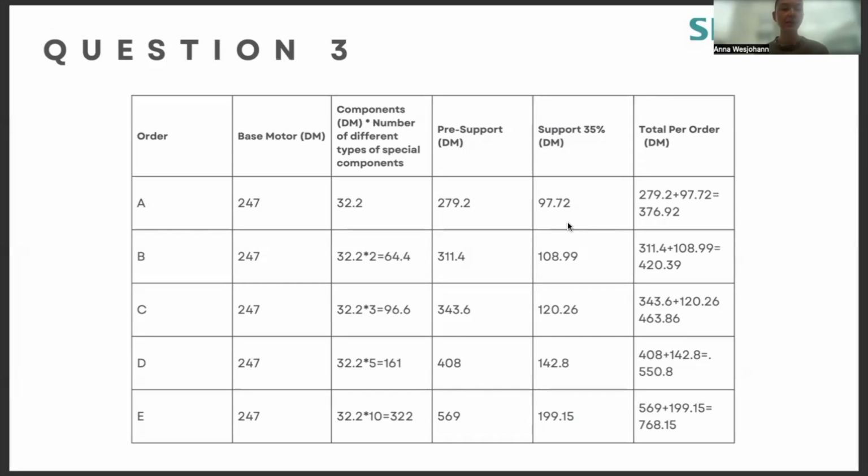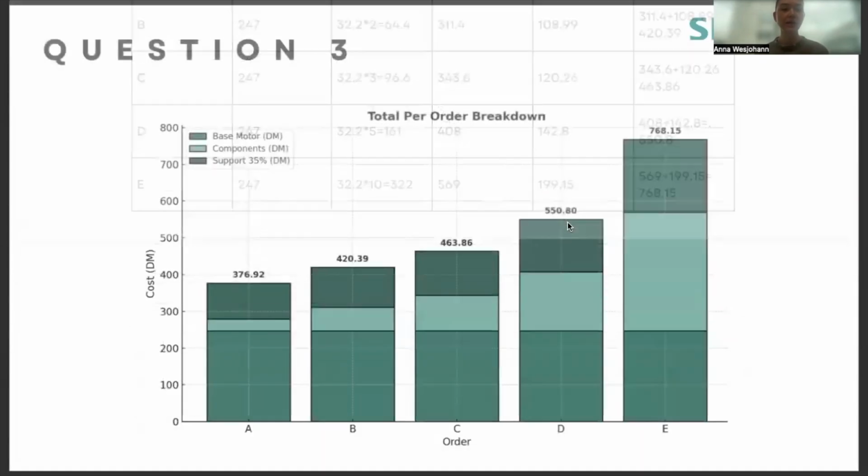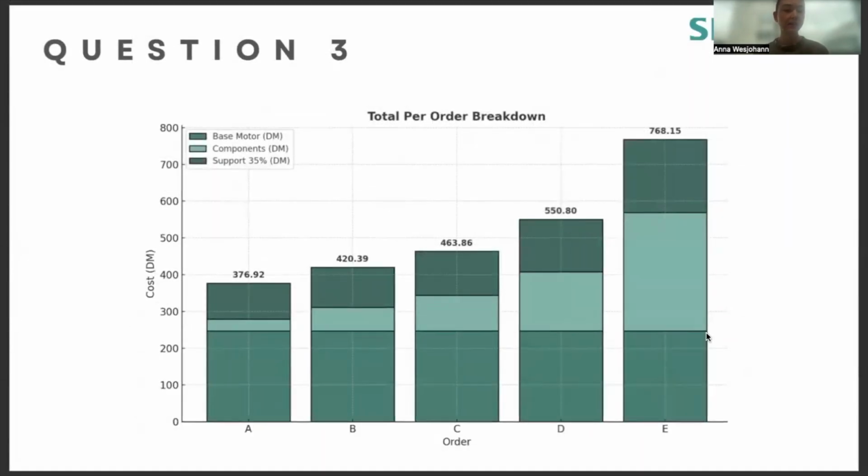And on the pre-support costs, we calculate the support costs of 35%, which leads us to the total per order cost. This is also displayed in the graph, where you can see that the base motor cost remains the same among all orders from A to E, whereas the components costs increase with the number of components, and the support costs also increase based on the number of special components.